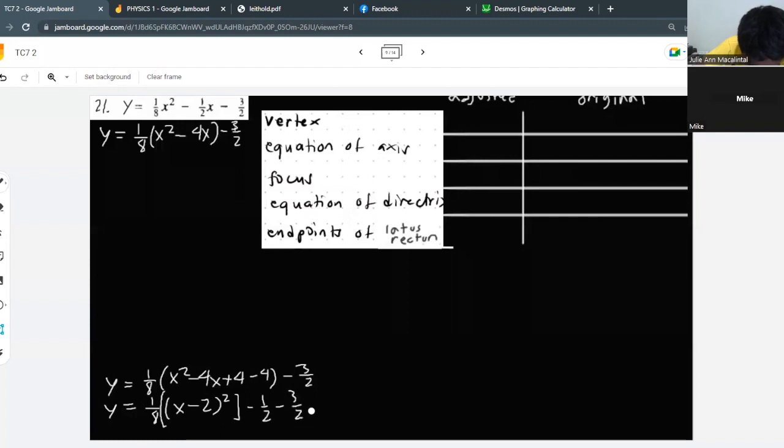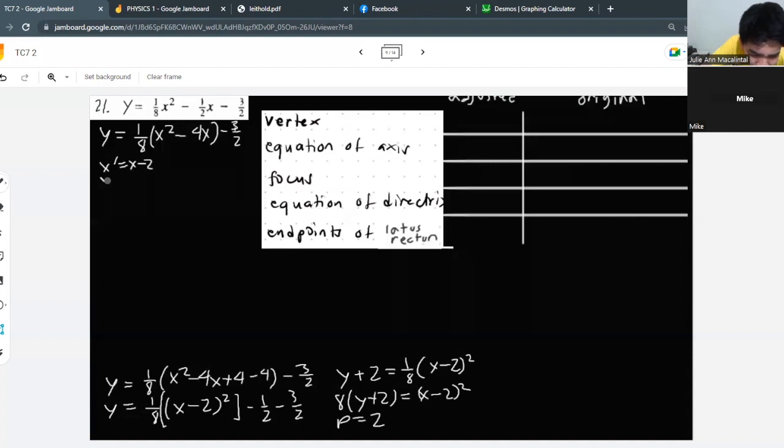Minus 3 halves. Four, so 2. Okay. Now, P is equal to 2.